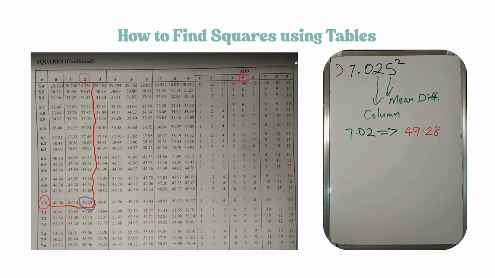And then let's go to the mean difference part, that part with the add. The mean difference part in the same row of 7.0.